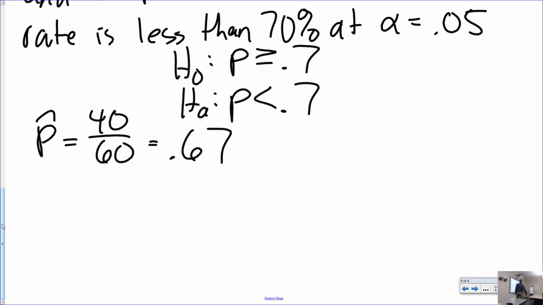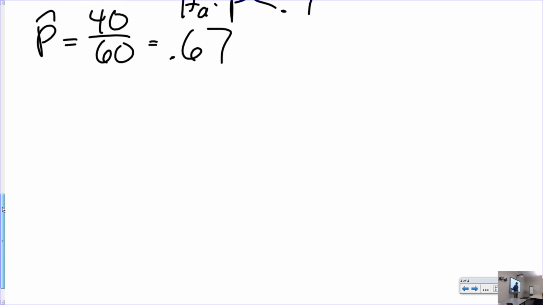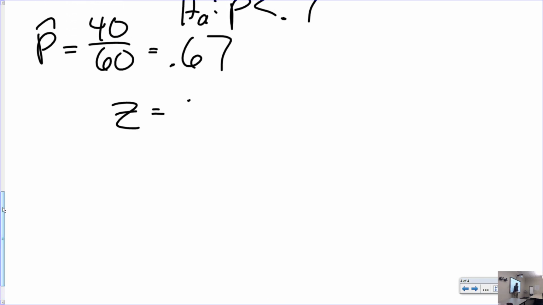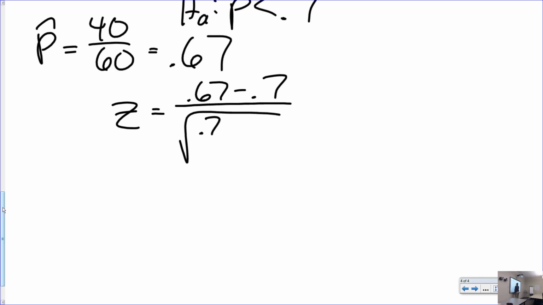So 0.67 minus the 0.7, divided by the square root of 0.7 times 1 minus 0.7, divided by the 60, the number of students that I actually had in class.